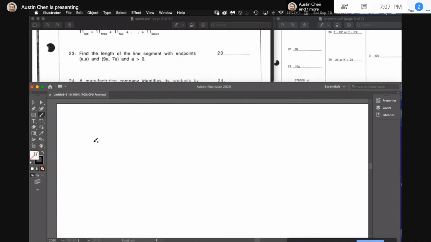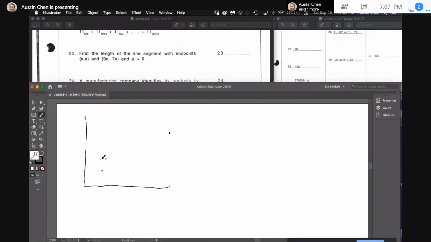Because a is positive, we're going to be in the first quadrant, and we're going to have some point (a, a) here, and then some point like (9a, 7a) here. We want to find the length of this line segment.